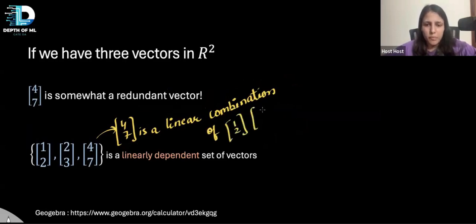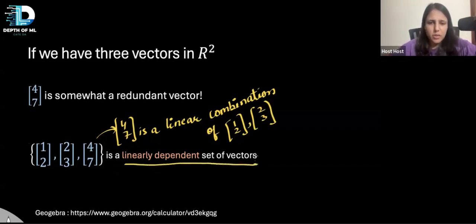This is a vector. The way we say it is it's a dependent vector, right? And the term linearly dependent is actually defined for a set of vectors and it's not defined for a single vector. So we say that the set as a whole is a linearly dependent set of vectors. Clear?